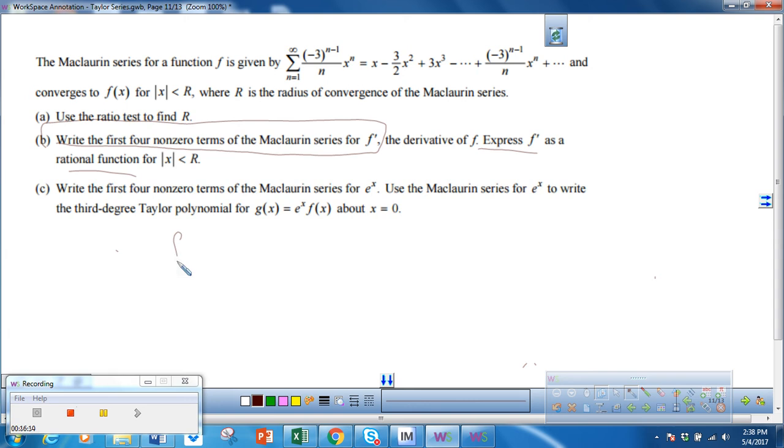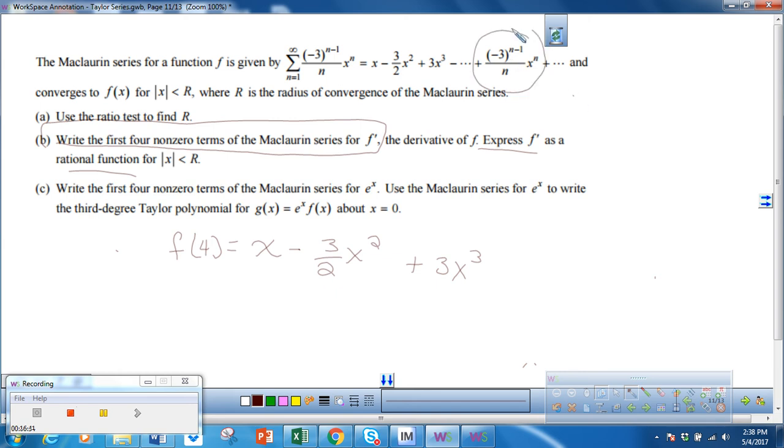So to do that, the first thing we have to do is get the first 4 terms of f of x. And they gave us 3 of them, if I remember correctly. They gave us x minus 3/2 x squared plus 3x cubed. And then we were tasked with finding the 4th one. And to find that 4th one, we know the general term.